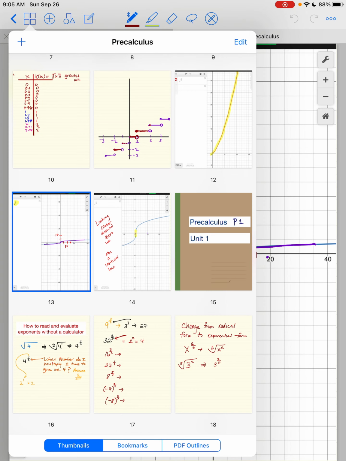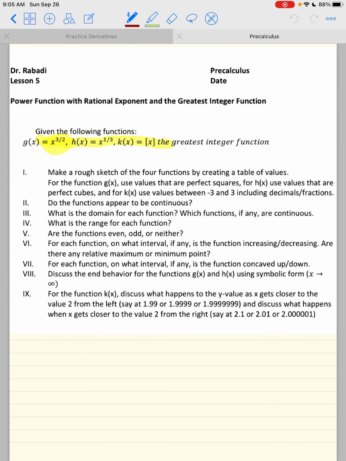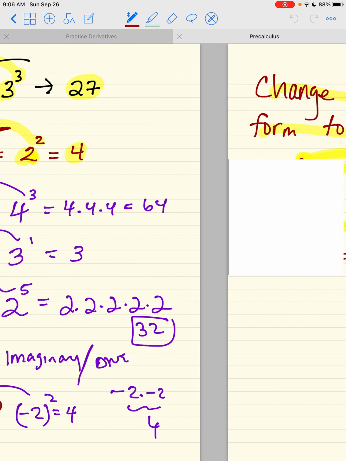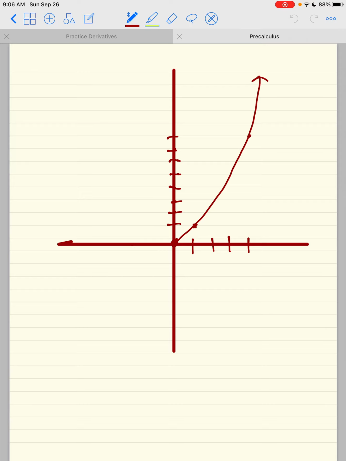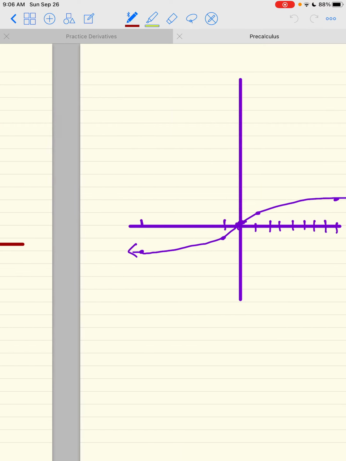What are the remaining questions? So we made those sketches. Do the functions appear to be continuous? That means, can I draw the picture without picking up my pen? I think for 2 of them we could, so let's see. Sure. I never ever have to pick up my pen, so that's continuous.